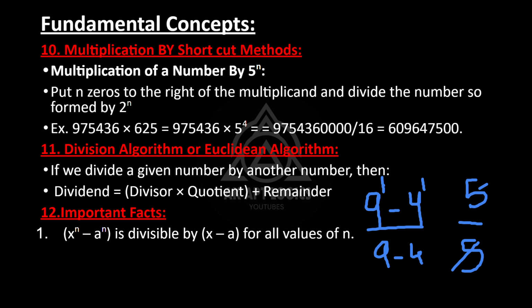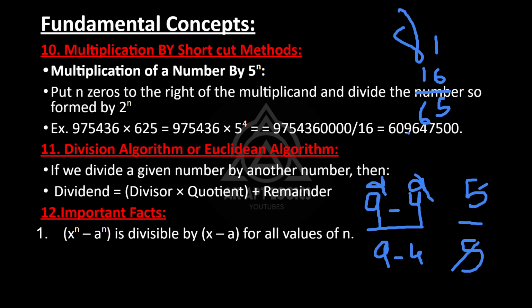If you change n to 2, 9 square will be 81, minus 16, 81 minus 16 is 65. If you add 65 plus 16, you will obviously get 81.